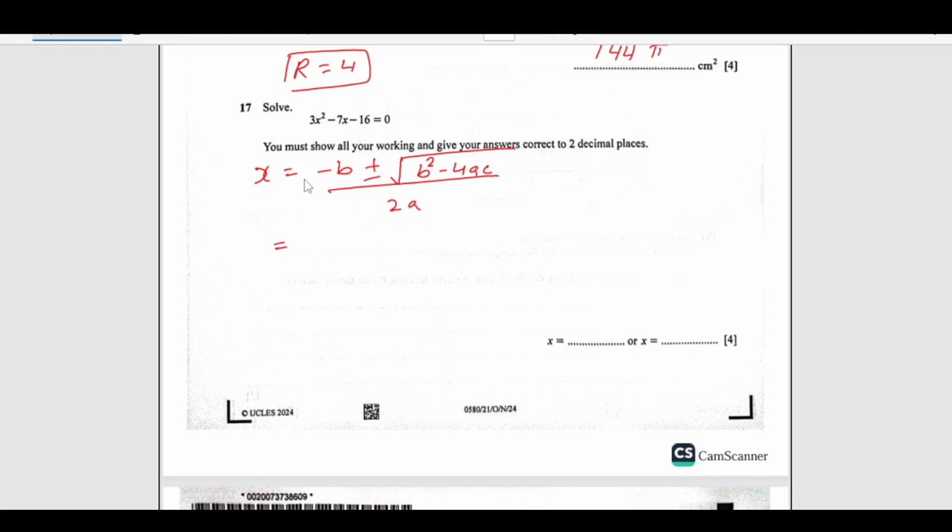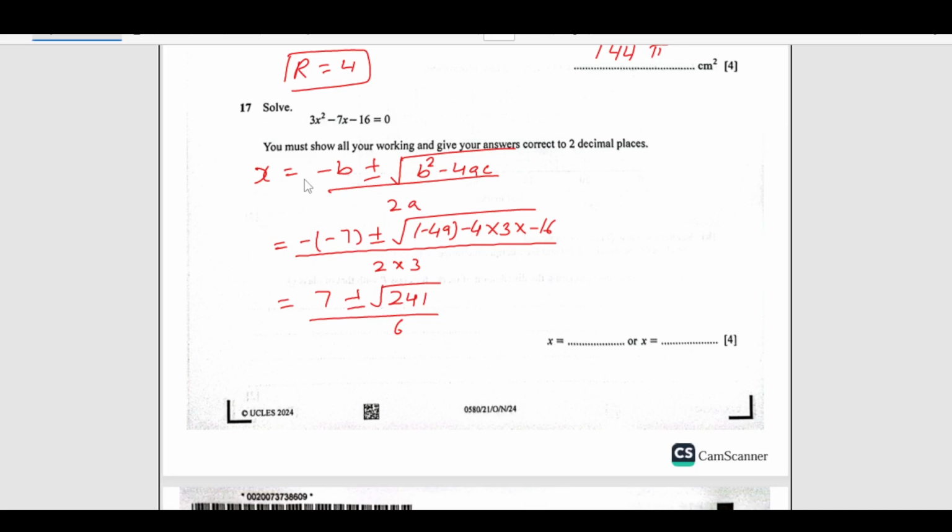So b is negative 7 plus minus b square is minus 49 minus 4 times a times 16 over 2a. 7 plus minus 241 over 6. Directly use the calculator. So we got the value of x as 3.75 and minus 1.42.